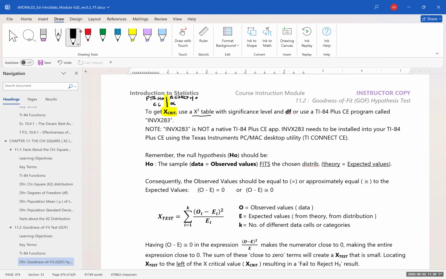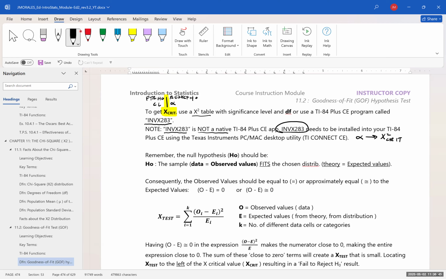However, I've written a program called inverse chi-squared 83. This is not a native Texas Instruments application. It needs to be installed onto your calculator, but if you're in my class, I've installed it for you. This will allow you to convert your significance level into a chi-squared critical value. You'll see an example of how that works.